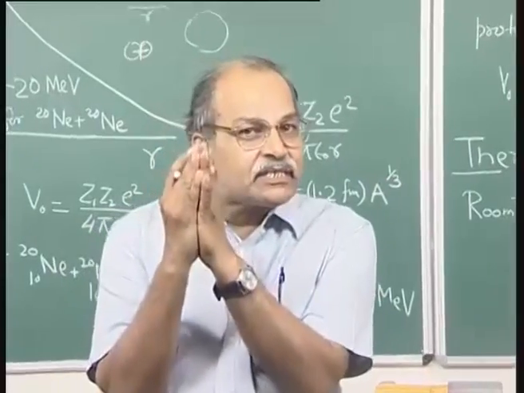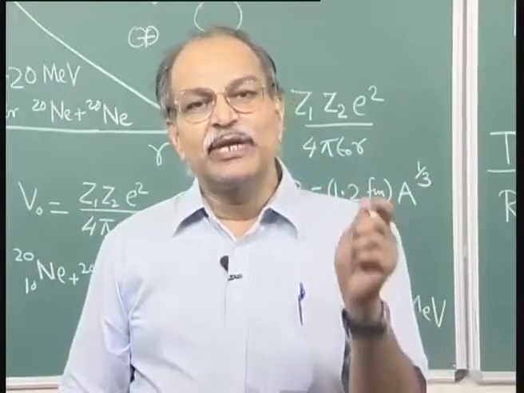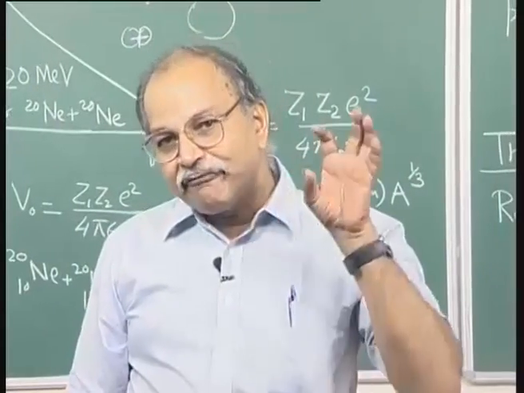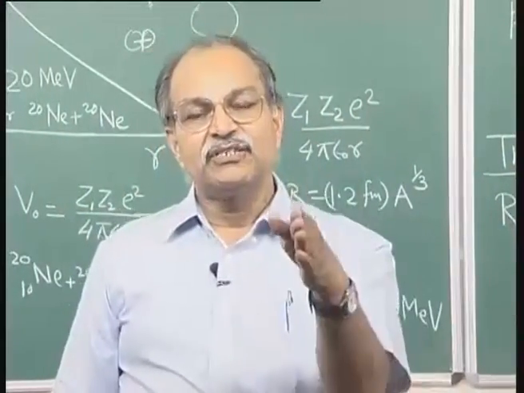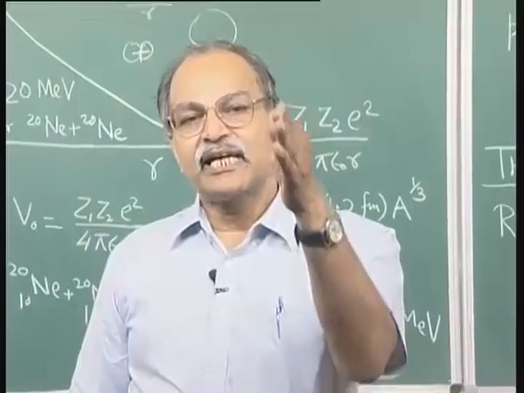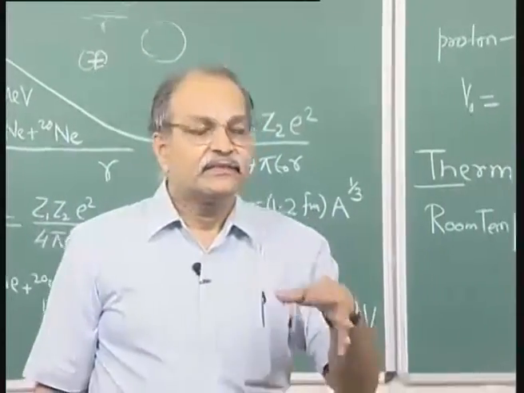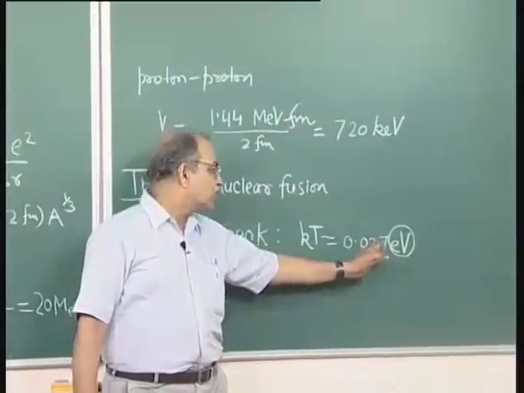So, all this is that scale is decided by k into T, 3 by 2 kT or 1.5 kT. That is the average kinetic energy, all those kinetic energies of different particles. If we average, that is 1.5 times kT. So, that is the scale of kinetic energy in thermal motion. So, at room temperature it is 0.027 eV.